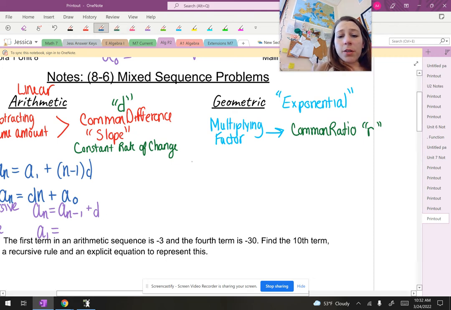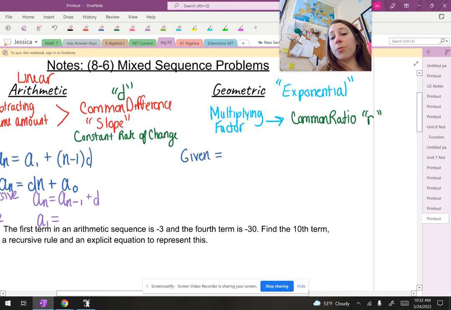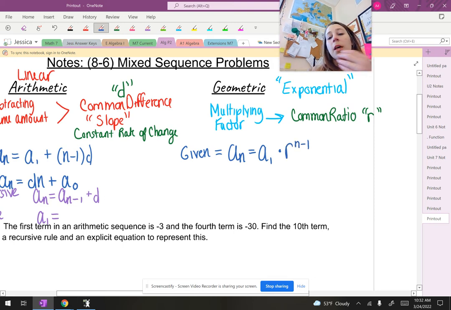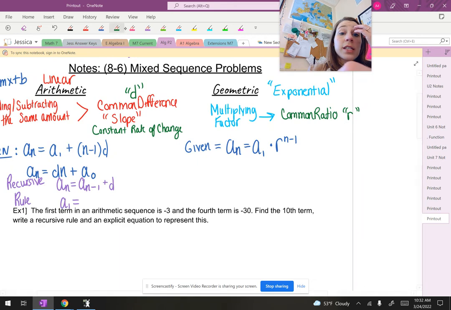Your given formula, because you are given one of these on your reference sheet, the given formula for a geometric or an exponential is that a sub n is equal to a1 times r to the n minus 1. And remember, that is just the same variation.